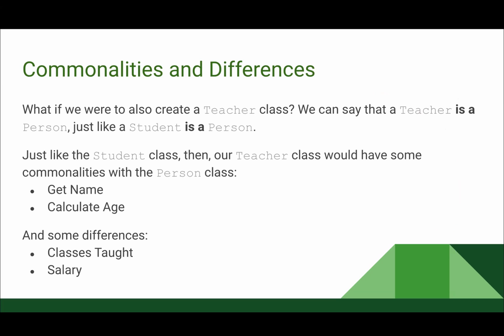But for a teacher you might need to know what classes they teach. You need to know what their salary is. Those pieces of information wouldn't belong to a student. Students don't teach classes. Students don't collect a salary for going to school, but a teacher would need to know that. So we have distinct information in our different classes.